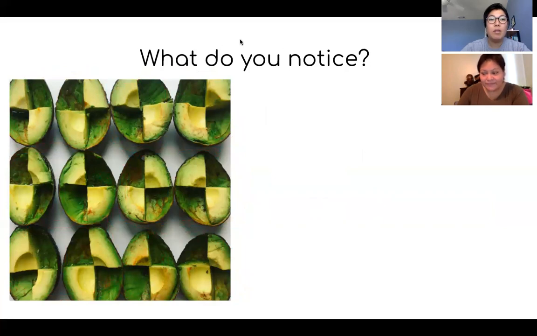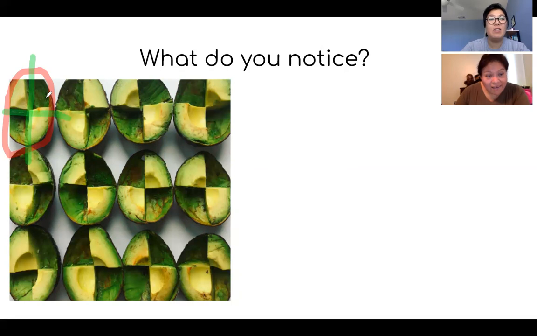Okay. Now, before we go, I just want to quickly go over equal parts. And so when we're looking at this half an avocado, we notice that something's unique. What did this person do? They sliced it into 4 parts. Some of it is missing. Like someone ate some of it. So if you look at it, they split it into 4 parts.